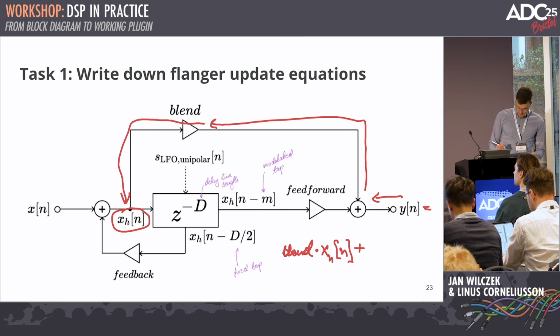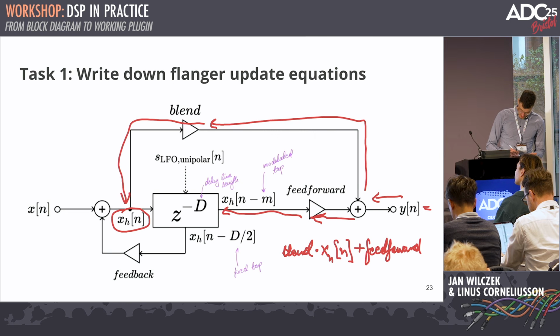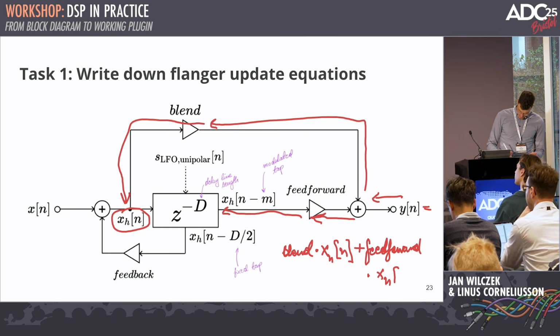So we have one branch of this. And then we trace the other branch, and we see another multiplication, and we have feedforward. This is a multiplication coefficient, and we go back, and we see xh of n minus M.